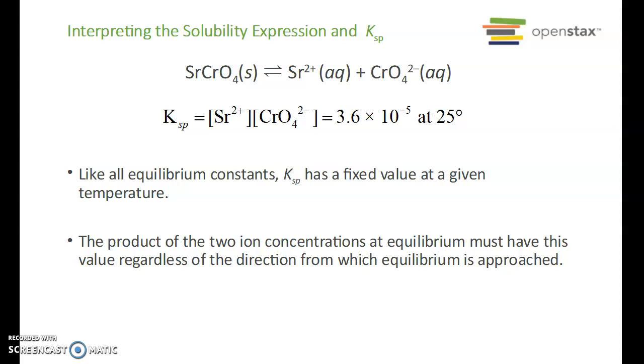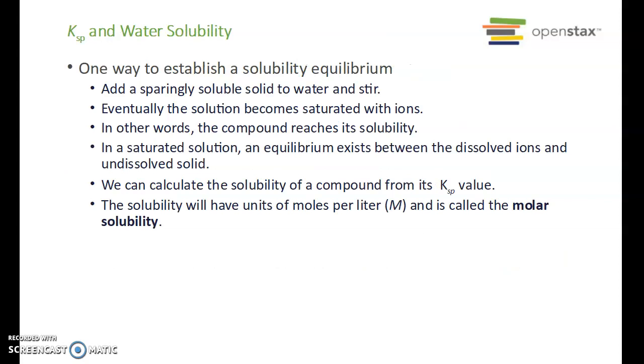Like all equilibrium constants, the solubility constant has a fixed value at a given temperature. The product of the two ion concentrations at equilibrium must have this value regardless of the direction from which the equilibrium is approached. One way to establish a solubility equilibrium is to add a sparingly soluble solid to water and then stir it up.